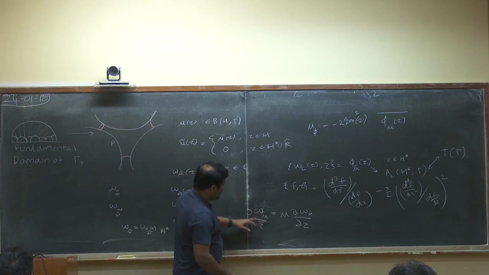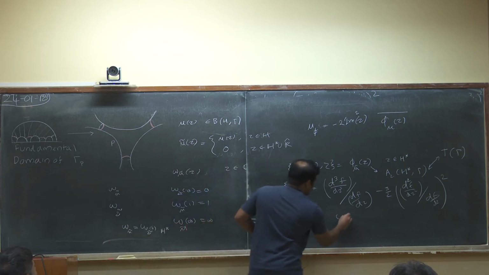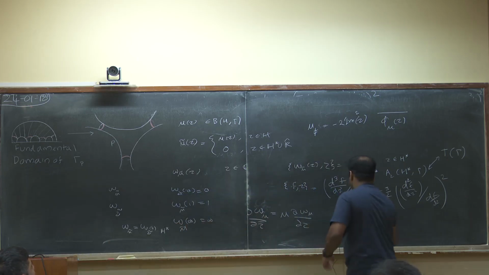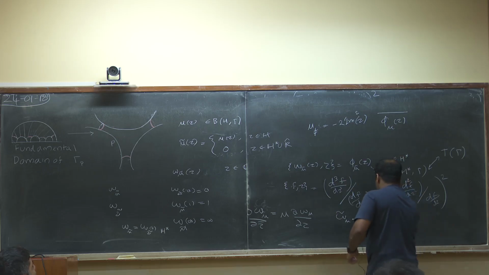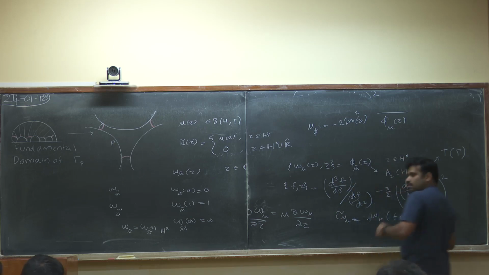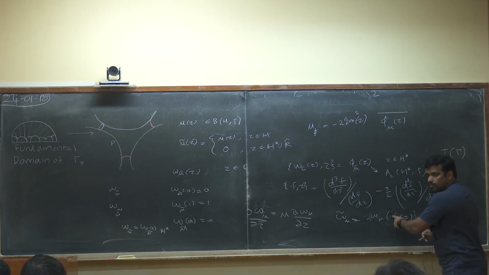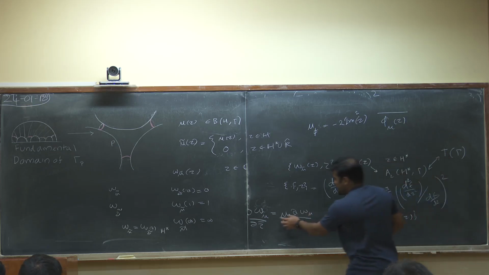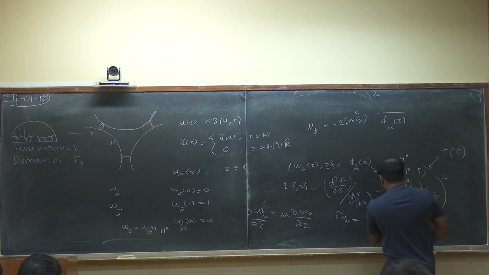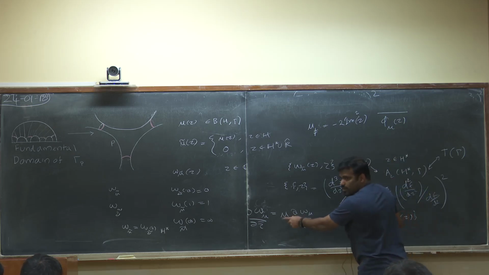If I find some omega tilde mu, which is a holomorphic function of omega mu, say omega mu of f of zeta, where f is holomorphic, then this holomorphic transformation is going to make some small ambiguity, right?